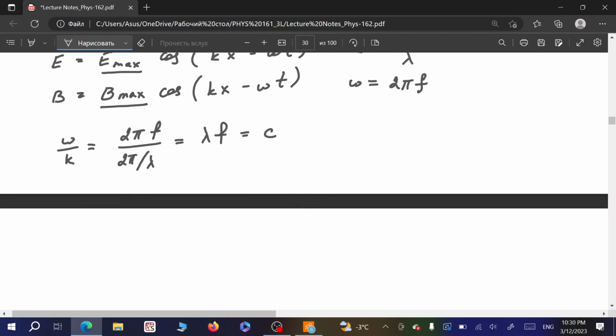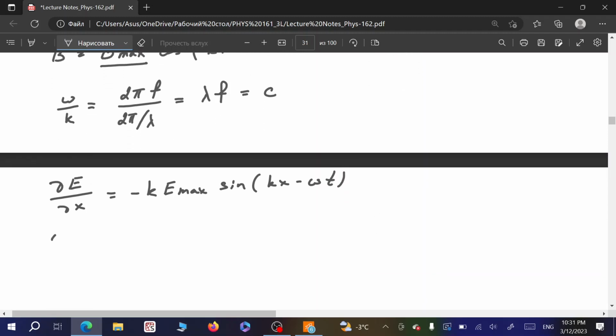So dE over dx will be equal to minus k times E maximum times sine of kx minus omega t.